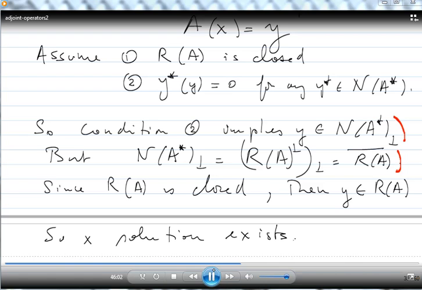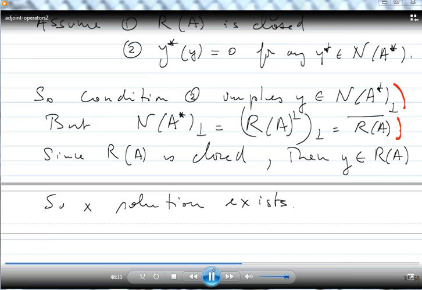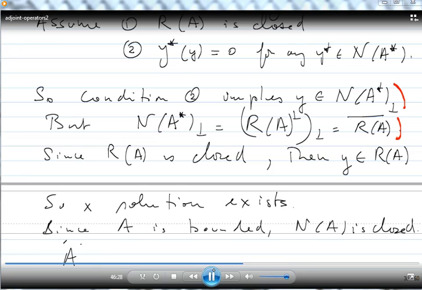Next, we assume that A is bounded, so it is continuous. N of A is closed, and we are going to use A hat from X, the quotient space of N of A, to R of A, as we did in the previous theorem.